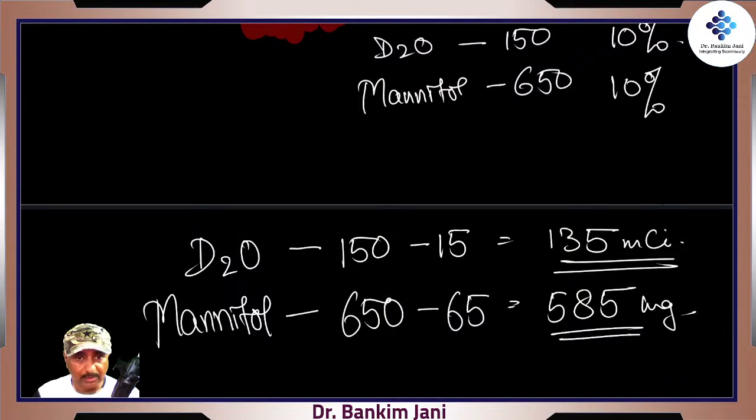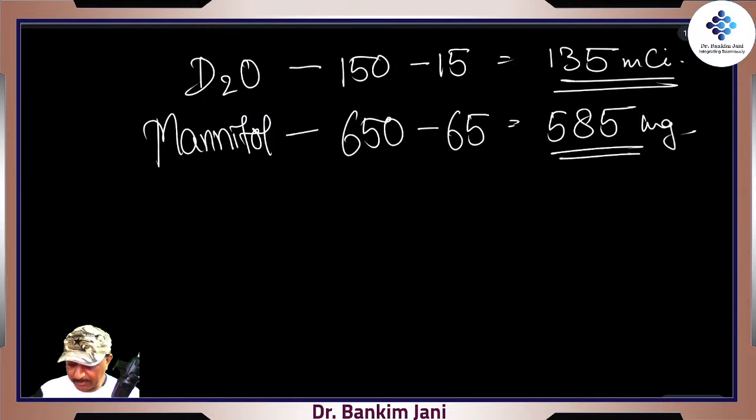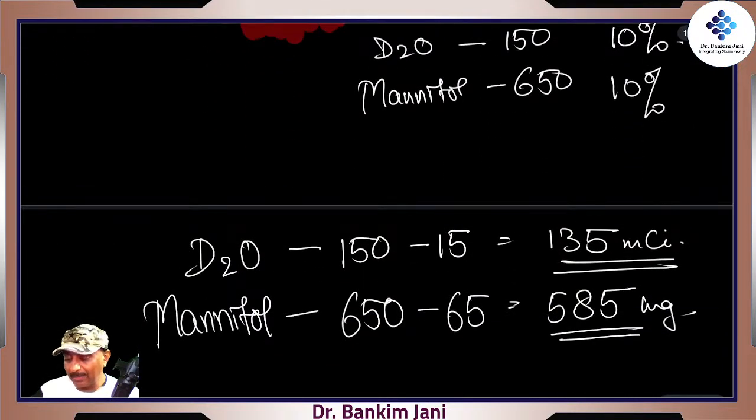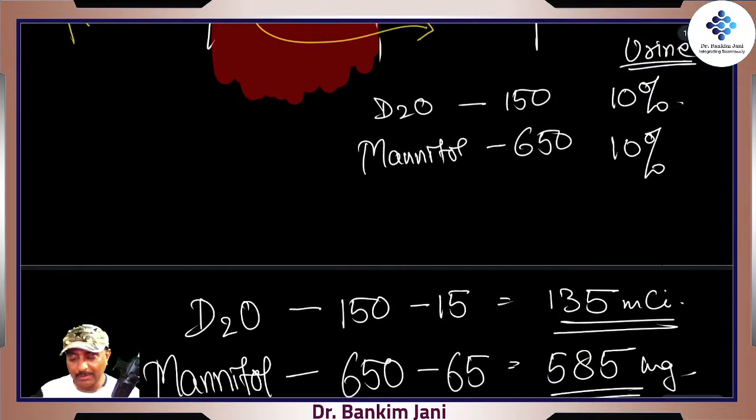So if it is in the total body, then what we have to do is measure. Acha, see, mannitol usually this much is not excreted. Let's make a small change. Small change.